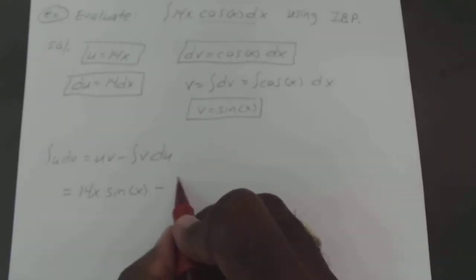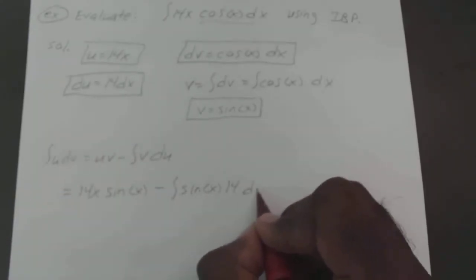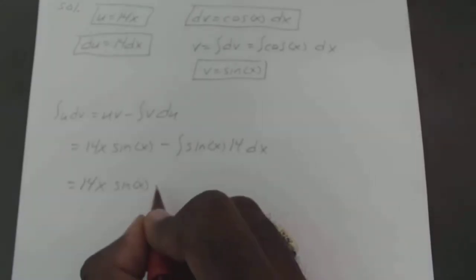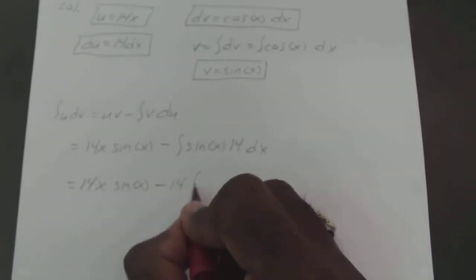So that's going to equal uv, which is 14x times sine x, minus the integral of v du, which is 14 dx. So now we just go ahead and factor that out. So you have 14x sine of x minus 14 times the integral of sine of x dx.